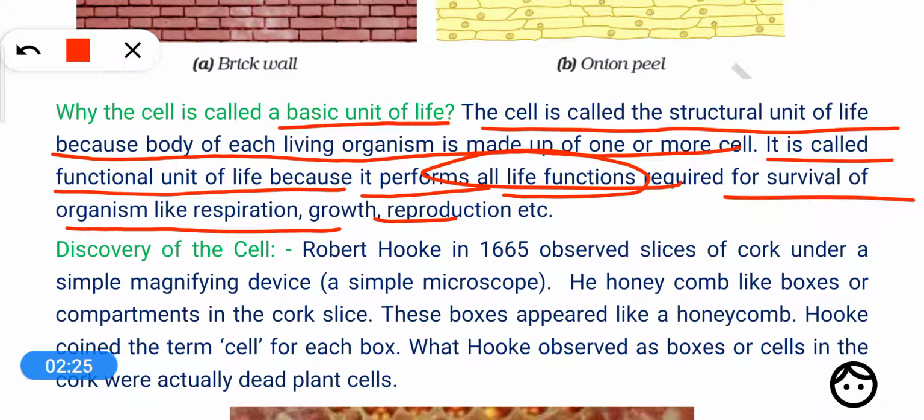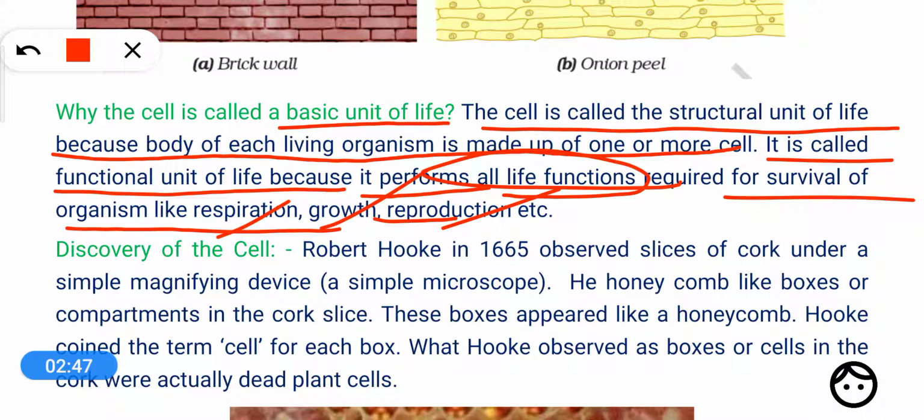So dear students, you know that every living organism has life, and life is because of certain functions which are performed in its body. For example, a living organism performs respiration, growth, and reproduction. So these are called life functions or features of life.